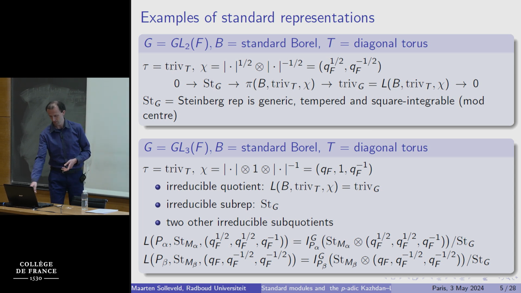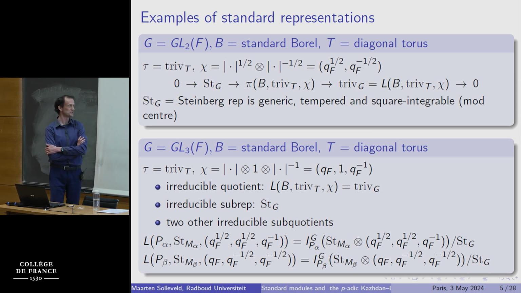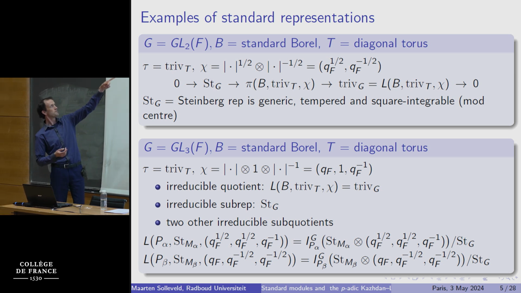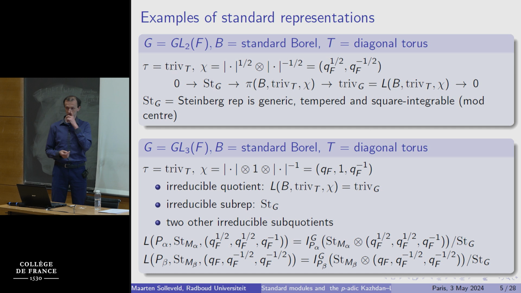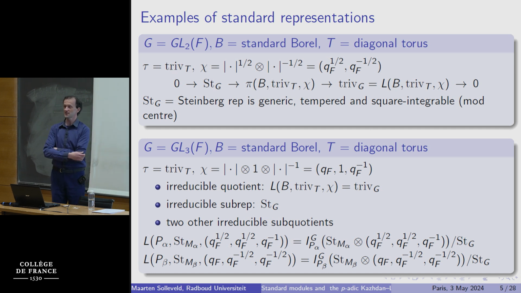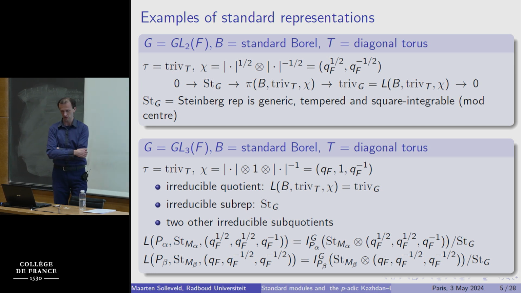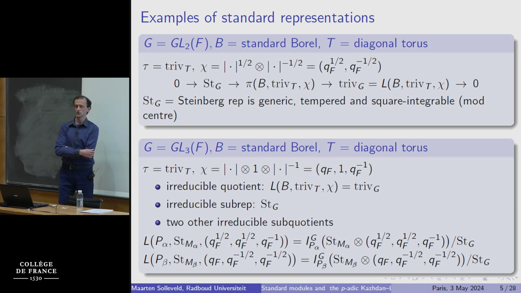You divide out the Steinberg representation, which sits in there, and then you get a thing which occurs as an irreducible subquotient of this particular standard representation. So already in this example, it takes some effort to analyze precisely which four things occur in here. Here I can still write it down precisely, but if you go to further cases, it becomes quite difficult to do this by hand.